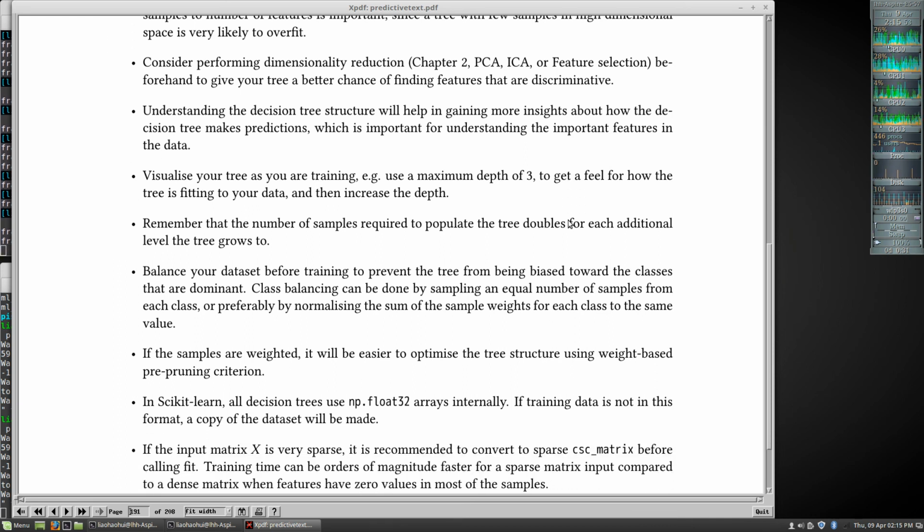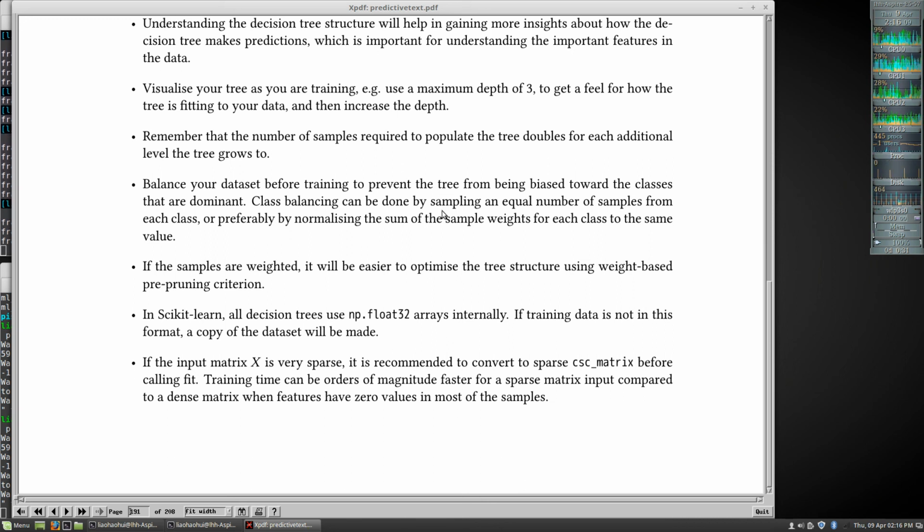We just need to be careful, as some features are useless, like staff ID, which I mentioned in class before. Those we can throw away. For simpler problems, we should always visualize a tree.